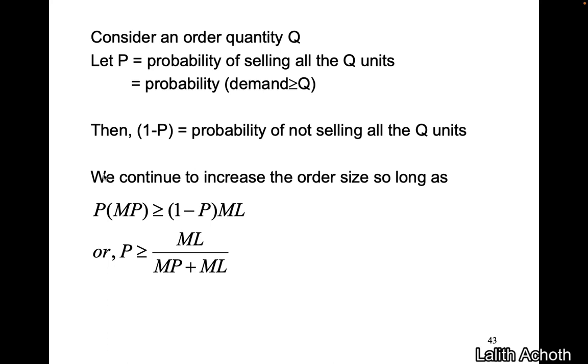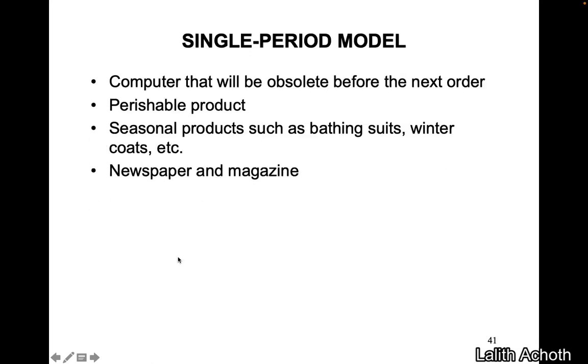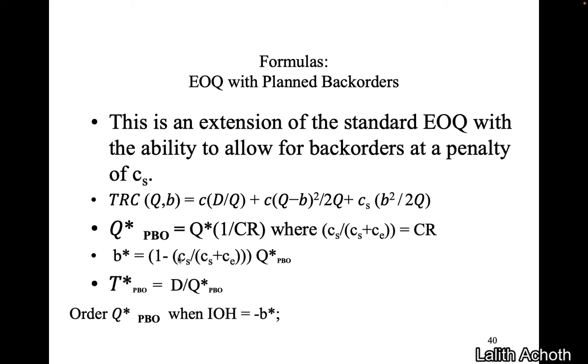And where do you get that probability? This is something like a critical ratio. So this gives you the probability, which you should keep in mind. Just to recollect, this is the formula: Q star into 1 minus critical ratio, 1 divided by critical ratio.